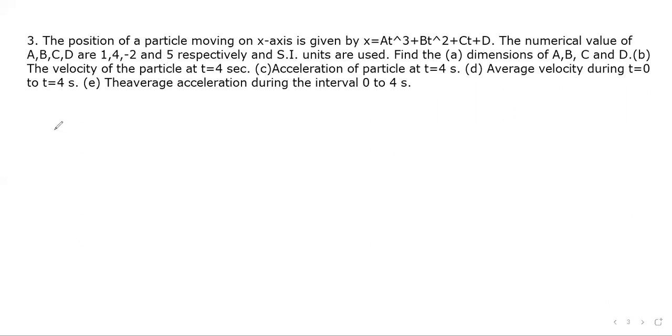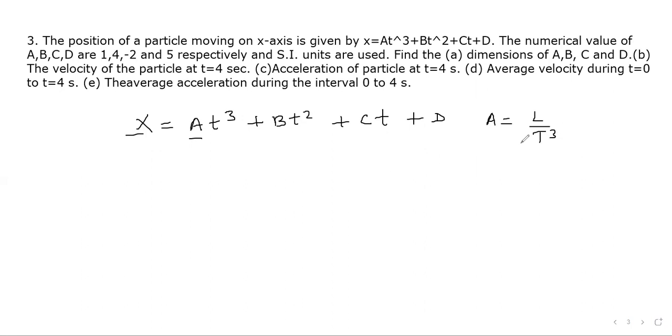Next question. The position of a particle is given by x equal to at cube plus bt square plus ct plus d. We have to find out the dimensions of A, B, C, D. So dimension of A will be equal to x is L divided by t cube.